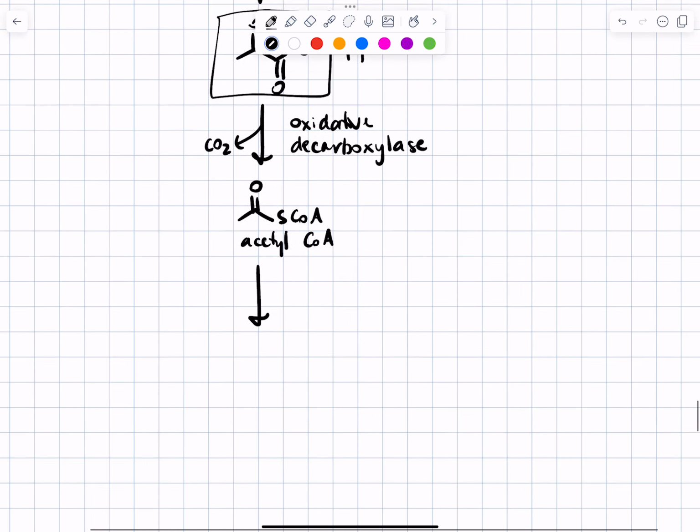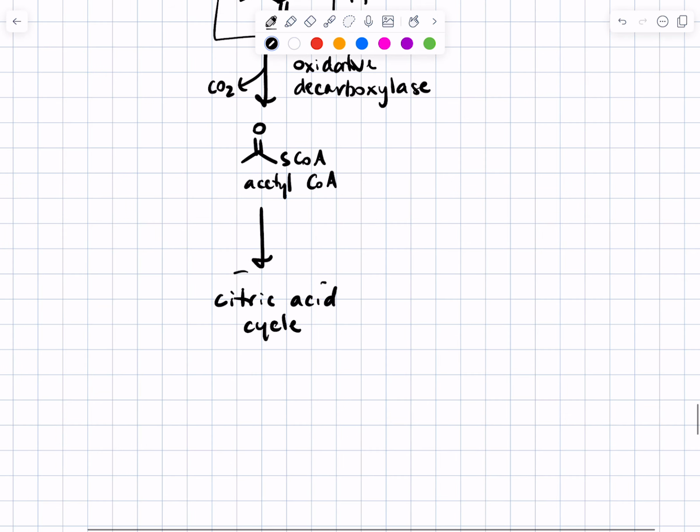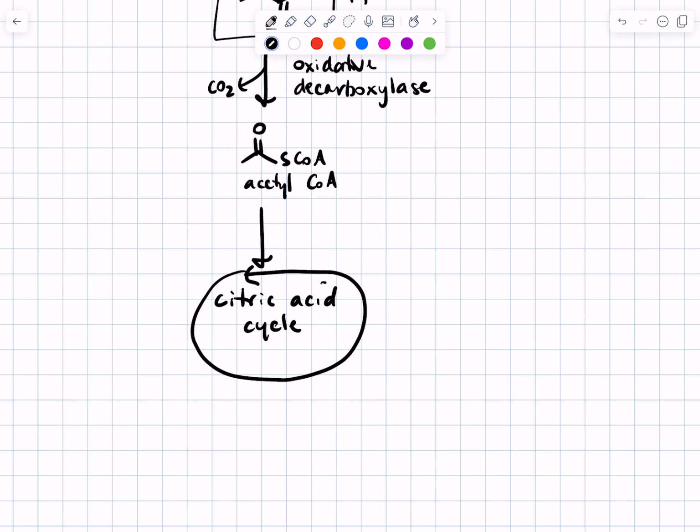Acetyl-CoA ends up getting put into something called the citric acid cycle, sometimes also called the tricarboxylic acid cycle, sometimes also called the Krebs cycle. We'll learn about that in a lot of detail.